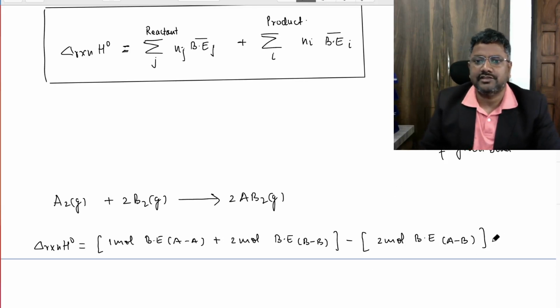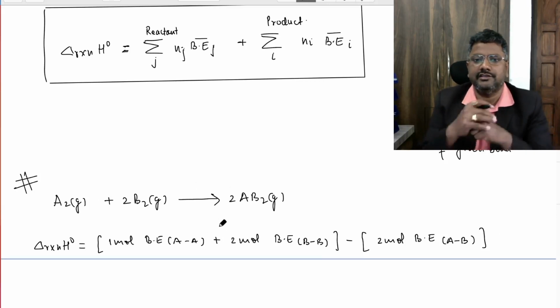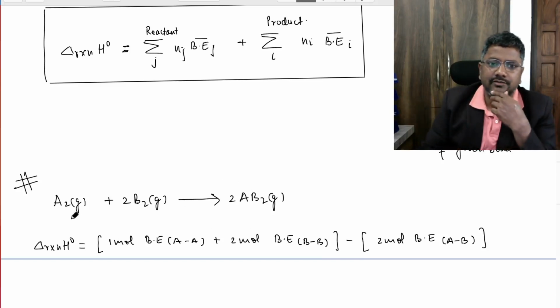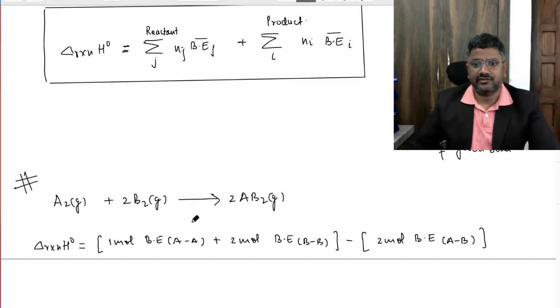So by using this general expression, you can calculate the enthalpy change in this reaction in terms of bond energy data. So if you have bond energy data for A2, for B2 and for AB, then you can calculate delta H naught for this reaction.